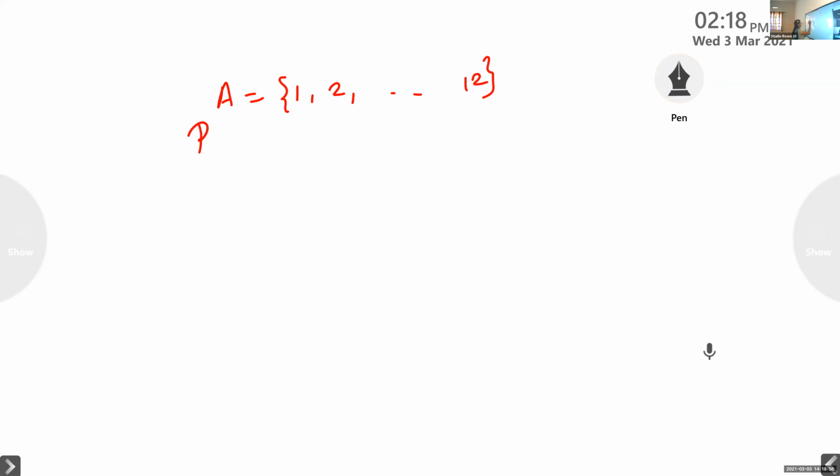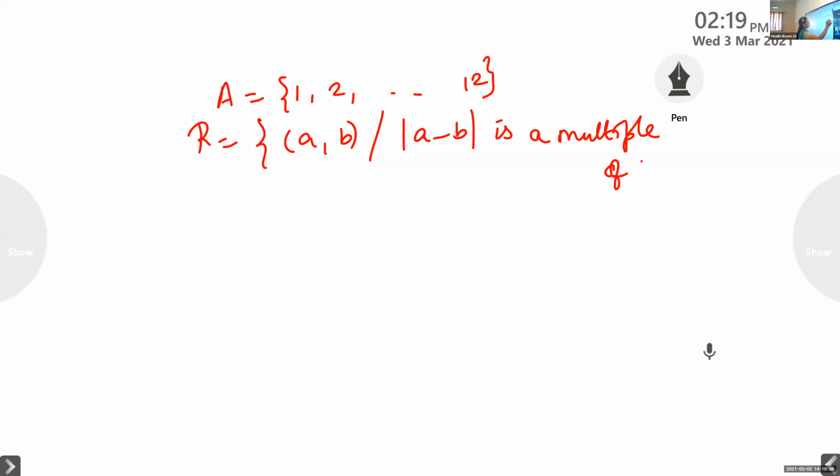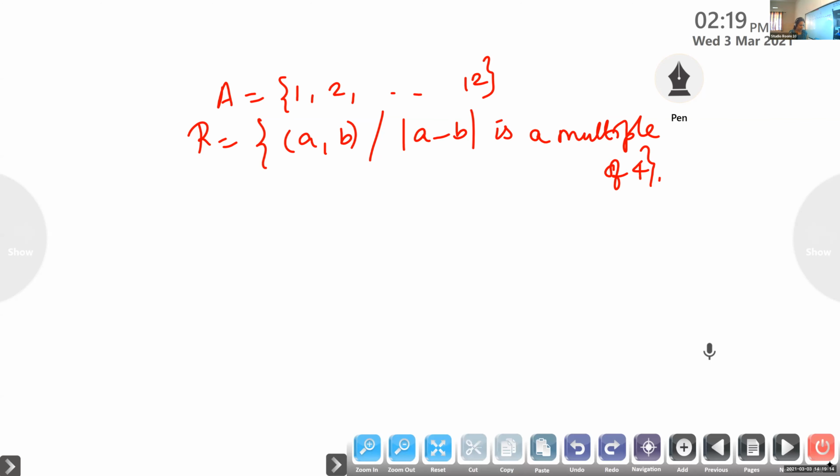R is the set of all ordered pairs (A, B) such that modulus of A minus B is a multiple of 4. So we have proved this relation is an equivalence relation. We have proved the relation is symmetric, reflexive and transitive.